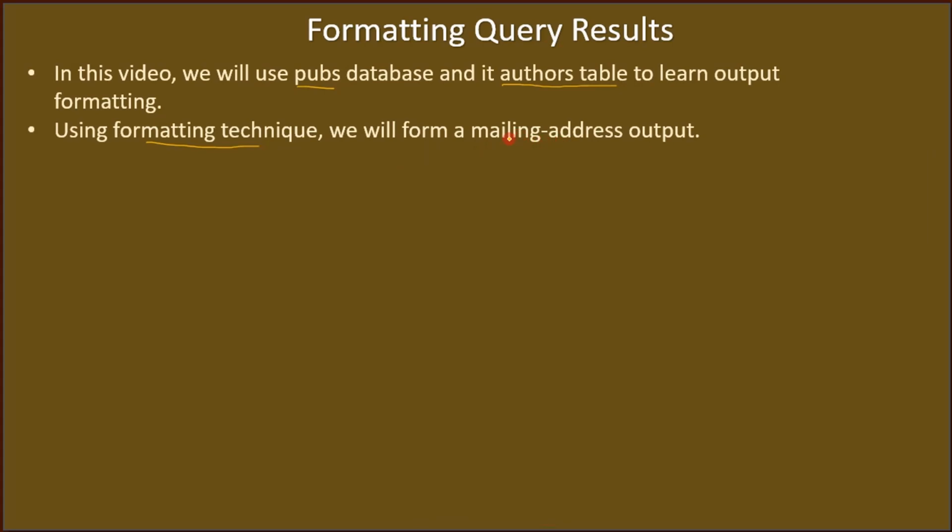In a table, the data may span multiple columns, but what we are going to do here is pick multiple column values and form them like a mailing address. So something like this comes in 2 or 3 lines in a formatted way.